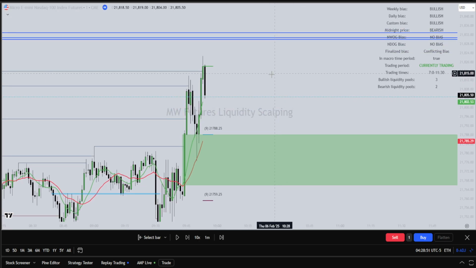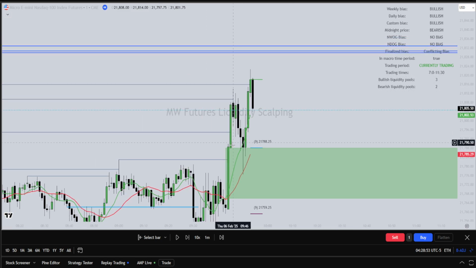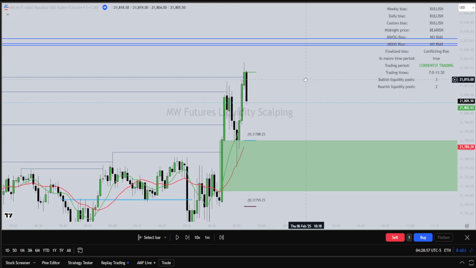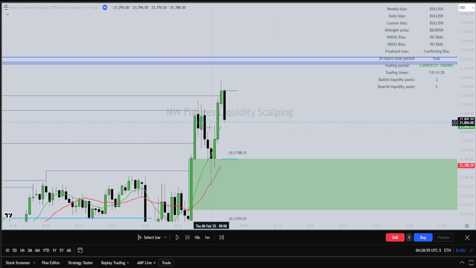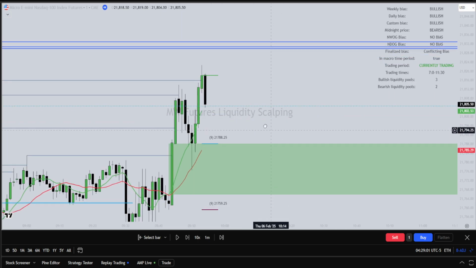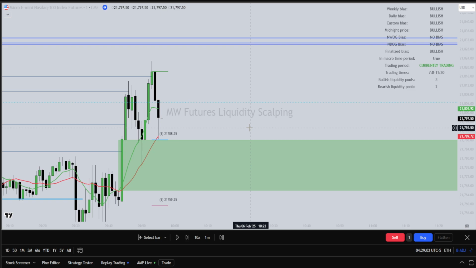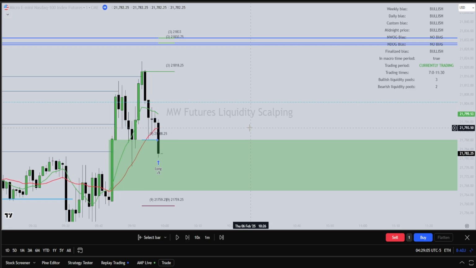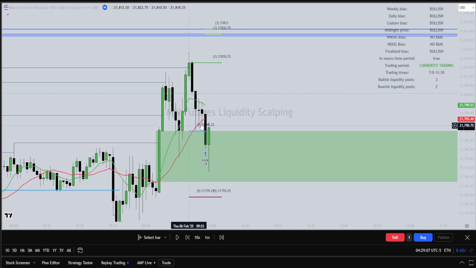The reason is that even though my first criteria for minimum handle run to the next liquidity pool is 35 handles, the actual first profit target I set at 30 handles. So let's see if we are getting tagged in. We are getting tagged in over here.